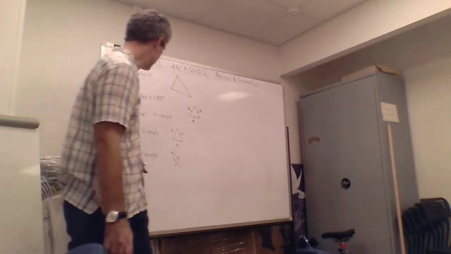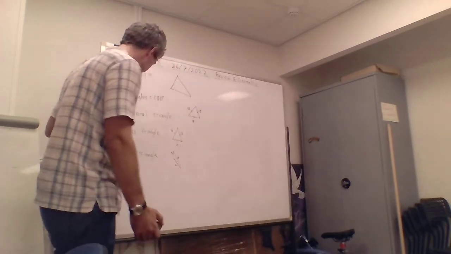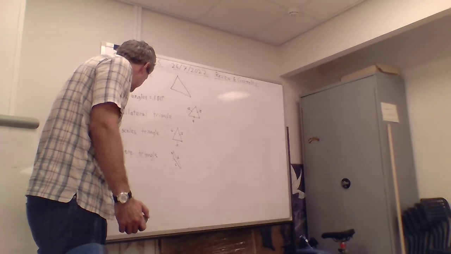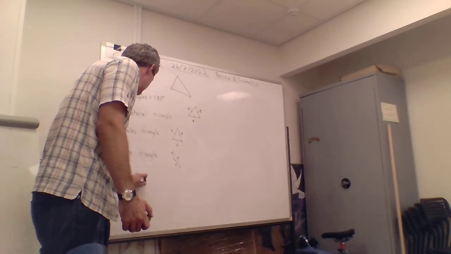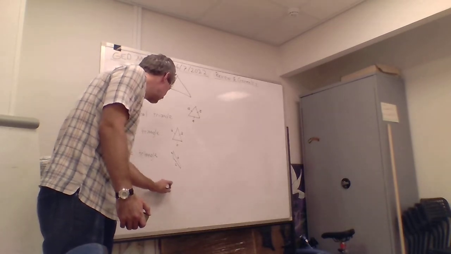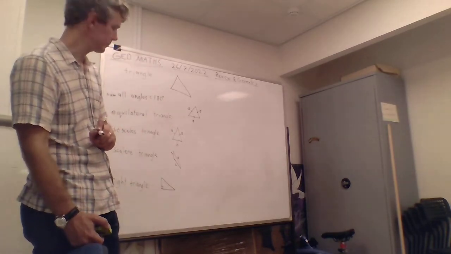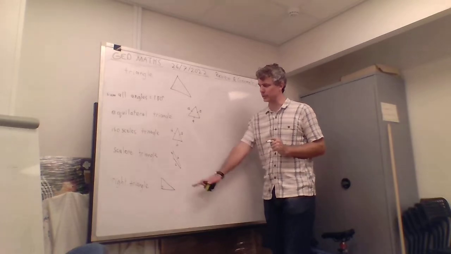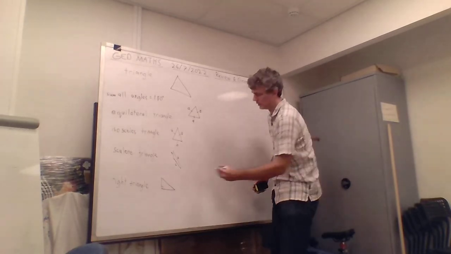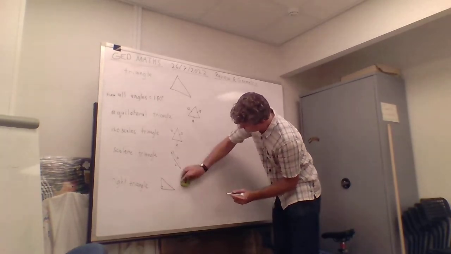Okay? There's another kind of triangle that we find very interesting, and that's what we call a right triangle. And that's a triangle in which one of the angles is 90 degrees. Okay? Now you can have some combination of these. I could have an isosceles triangle, which is also a right triangle. All I would need is to make sure these 2 are the same. Oops, it's not quite right.